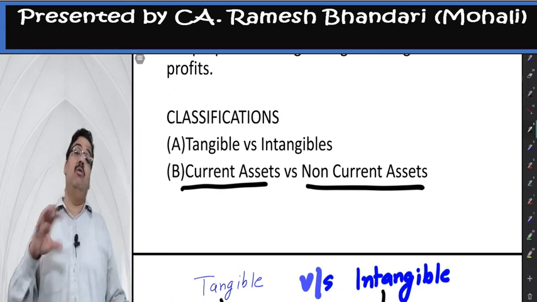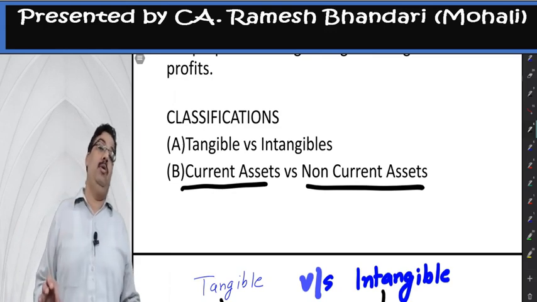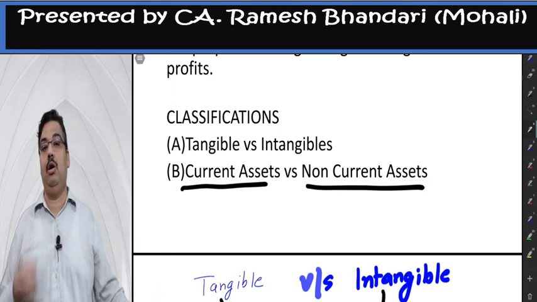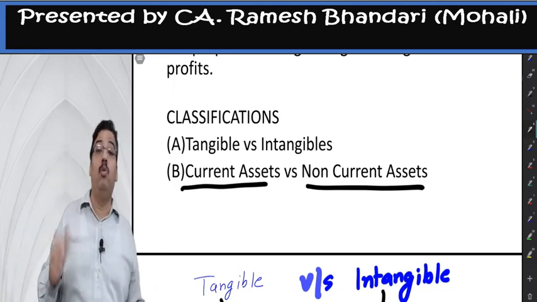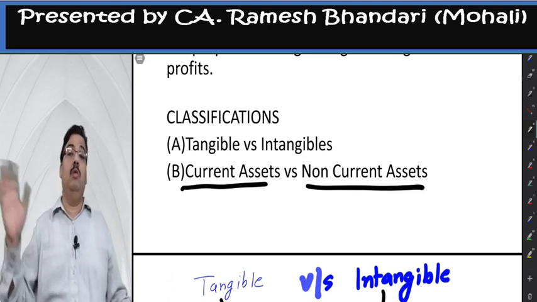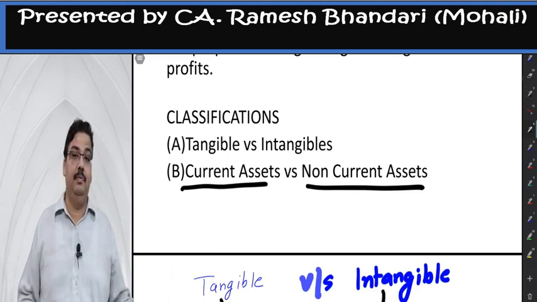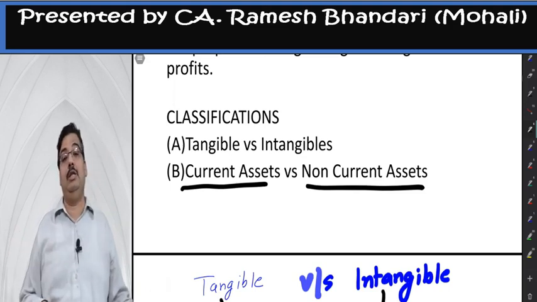Any asset which is convertible into cash within a span not exceeding 12 months. Although in Schedule 3, 12 months is not the only condition. They are talking about the operating cycle also. If the operating cycle is more than 12 months, it may be even 14 months, conversion can lead it to a current asset. In one operating cycle, if you are able to convert into cash, it becomes a current asset.